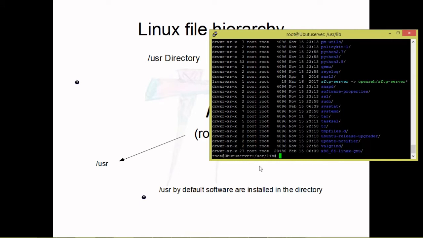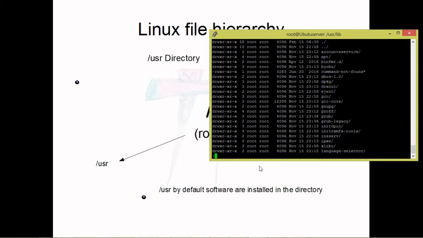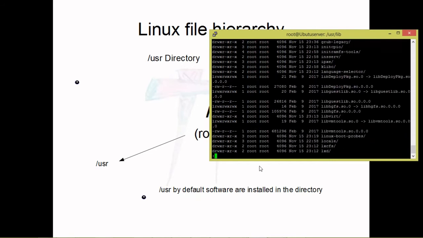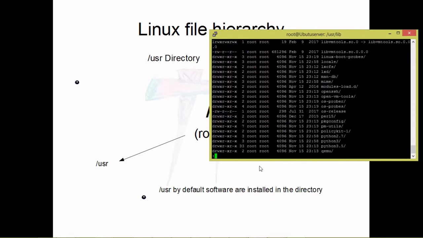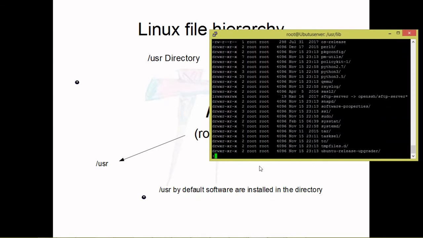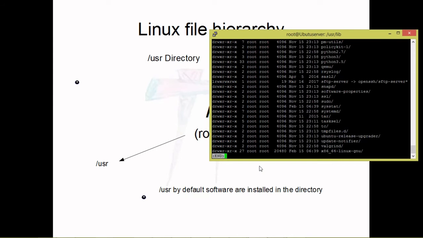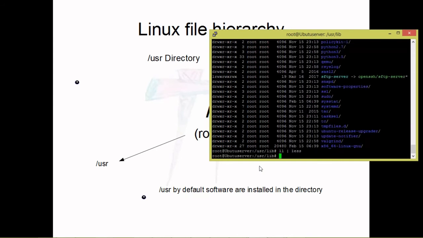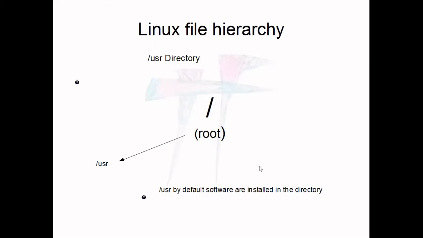There is also some software there, like Python and all. If you need, you can see it with the ll command. So these are all software installed by default by Linux. We can move to the next.